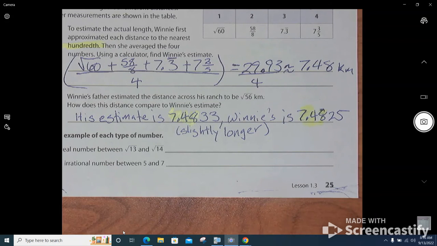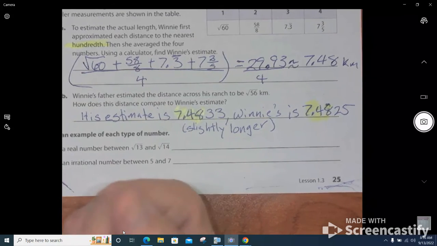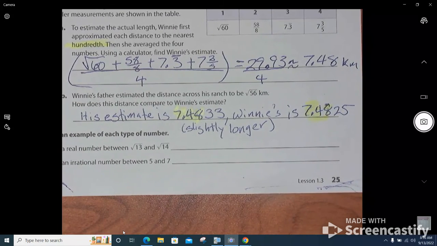So you could call them the same. Now, is Mr. Adams going to be upset if you write it the way that I write it and it's not exactly the way it's written in the back of the book? No, I want you to understand that these are approximations and estimates, and I want you to think about, is it a little bit bigger? If you round it, is it the same? I want you just thinking about it mathematically, okay?